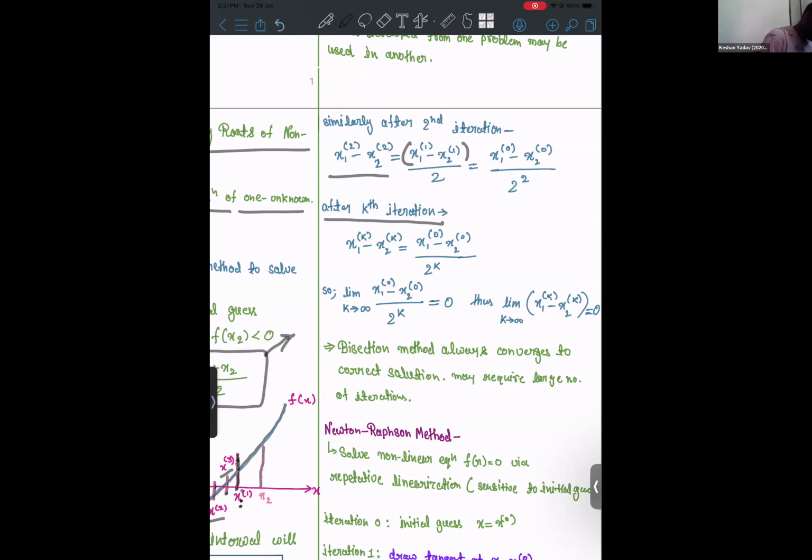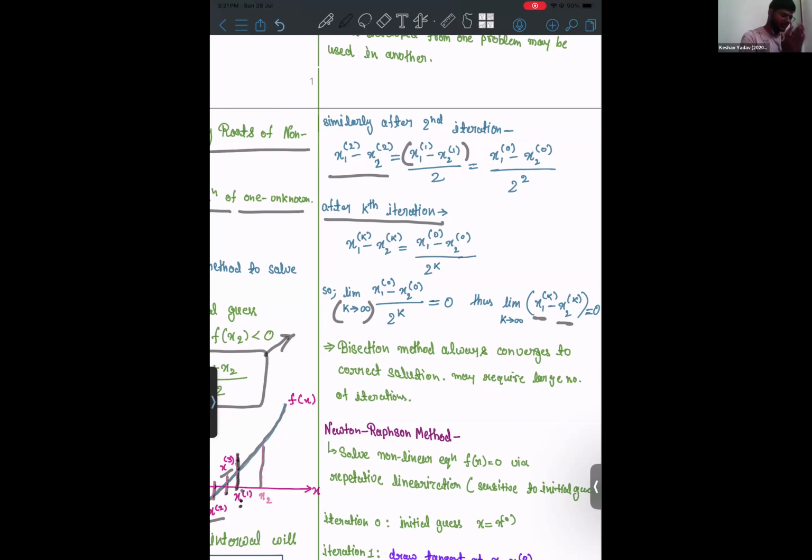So in general, at kth iteration, x1 at kth iteration minus x2 at kth iteration will be equal to x1 at 0th iteration minus x2 at 0th iteration divided by 2 to the power k. If my k is large, it means I have moved an ample number of iterations. So if k tends to infinity, this difference will tend to 0. Means x1 and x2 will converge to a single point.